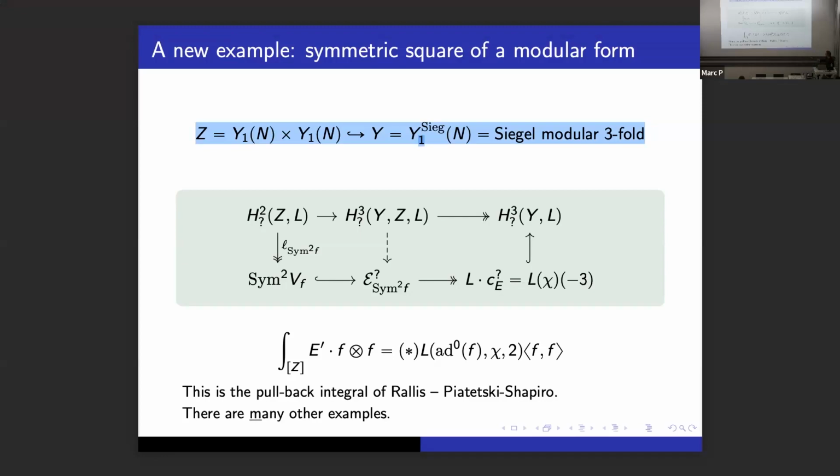And I've included it here because one might ask, well, why don't I take two different modular forms, one on each copy of the modular curve, and you would get a Petersson norm of F with the other modular form, say with G, and that'll vanish unless F and G are very closely related. So yeah. And okay, as I said, there are in fact many other examples. In fact, there's an infinite family of examples that generalize the ones that we've written here.